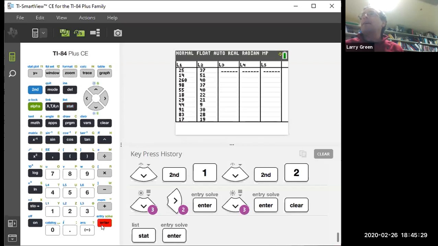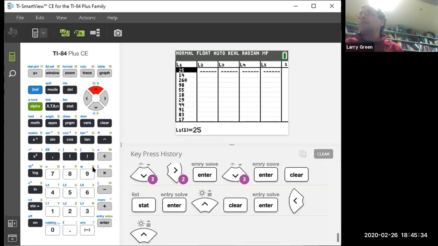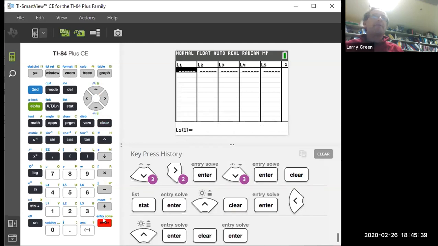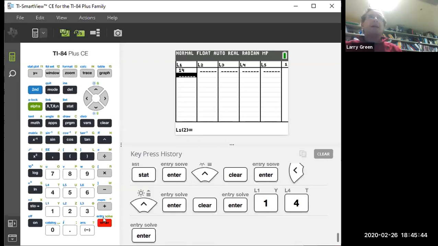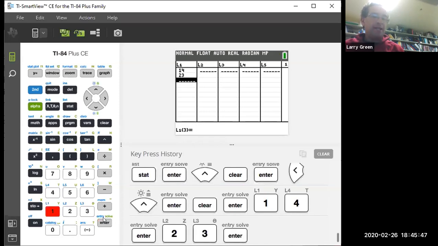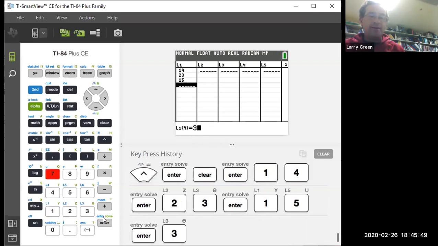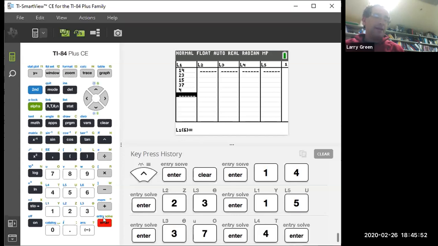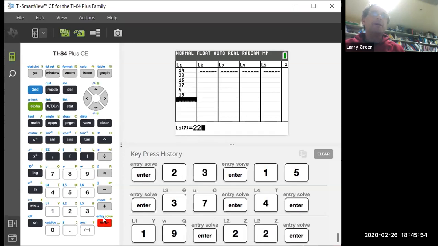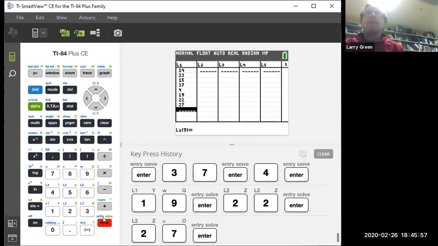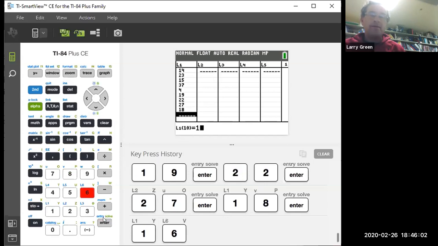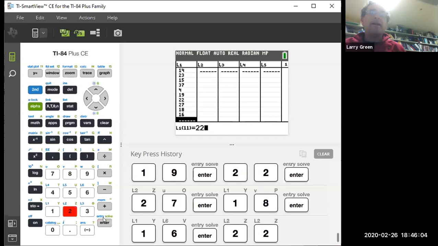So now I'm just going to enter the data. I got to clear my old data. There we go. And let's just type away. L1: 14, then 23, 15, 37, 4, 19, 22, 37, 18, 16, and 22 again.